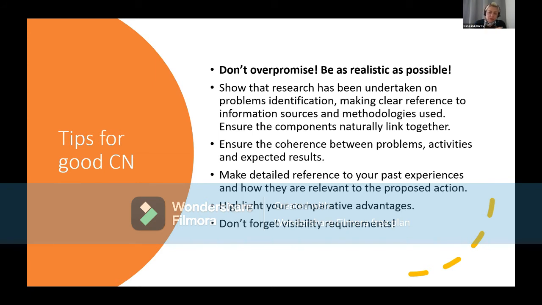As I mentioned, you need to ensure the coherence between the problems, activities, and expected results in this intervention logic, and try to be coherent throughout the whole document. Make detailed reference to your past experiences and how they are relevant to the proposed action. You should highlight your comparative advantages, and don't forget the relevant visibility requirements.